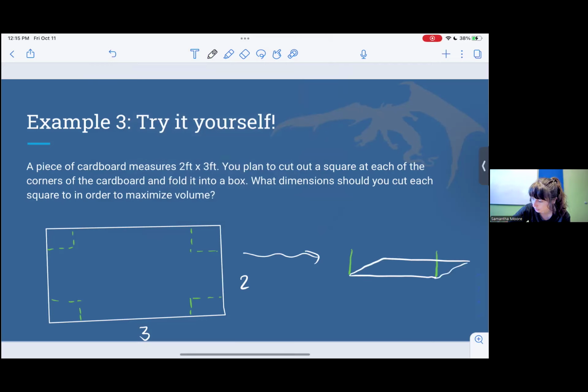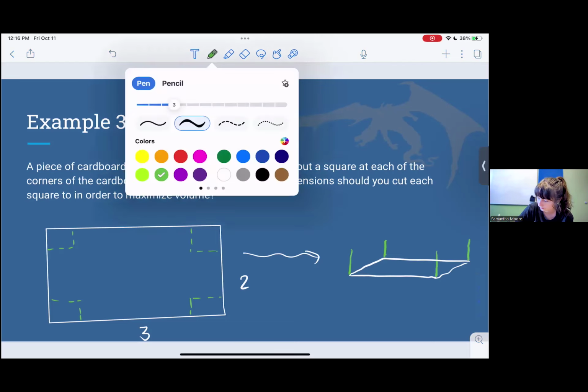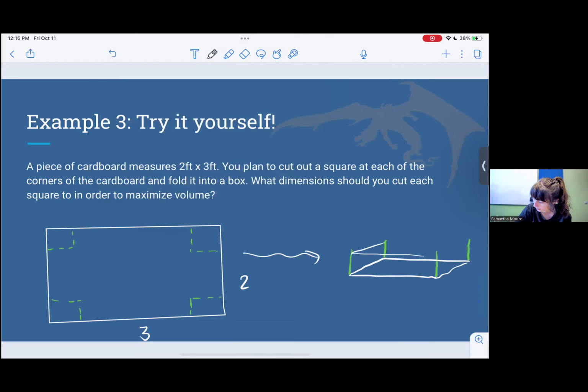That's like the upper sides of your box. Okay, so you create an open box that stands up by cutting out these squares and then just folding along those squares. Okay, so that is sort of your starting point.